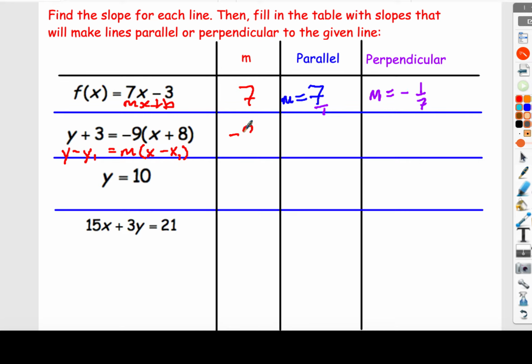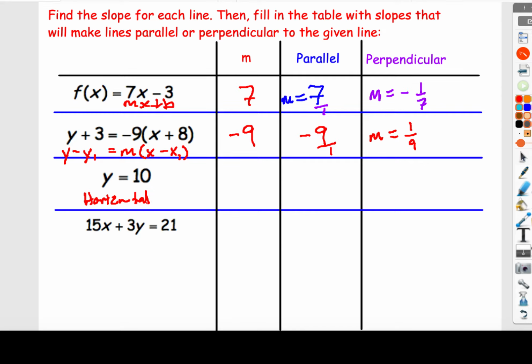What I do want to know is that it has a slope of -9, which means a parallel line would also have a slope of -9, and a perpendicular line would be a positive instead of negative. Again, if that's -9 over 1, we're going to be a positive 1 over 9. We're going to flip that fraction over and make the negative into a positive. The next line is a horizontal line.